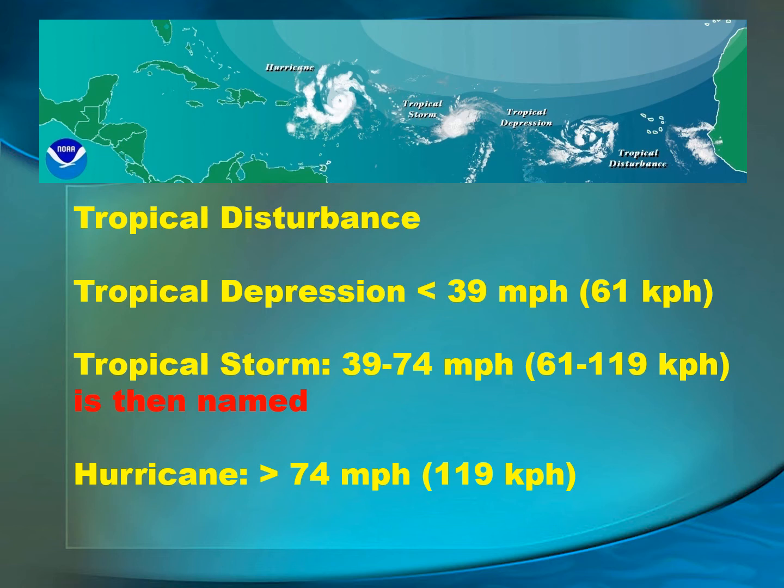And I have to admit that off the top of my head, I don't know what that number is in millibars. And it remains a tropical depression unless the wind speeds hit 39 miles per hour. If the wind speeds hit 39 miles per hour, then it's a tropical storm, then it gets a name. And if the wind speeds hit at least 74 miles an hour, then it's a hurricane. At that point, it's a Category 1.